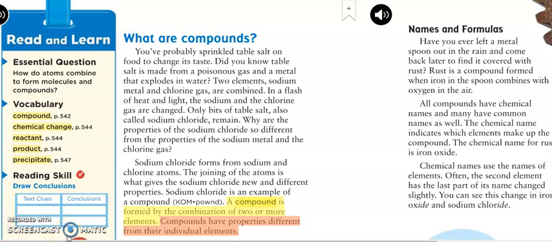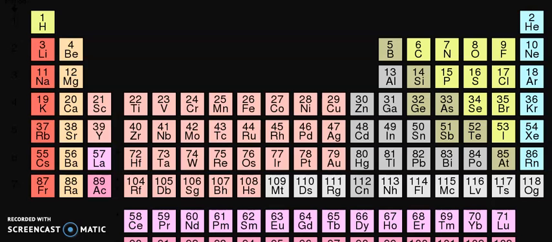Okay, guys, we studied before that an element is a material that cannot be broken down into anything simpler by chemical reaction. And we studied the periodic table of elements. As you see in this picture right now, this is the periodic table of elements.